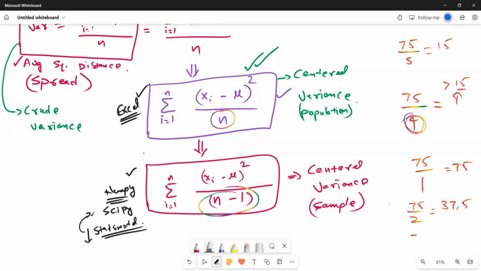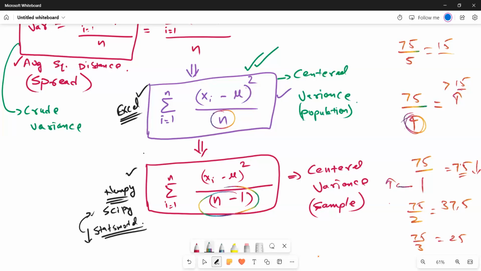If you divide it by 3, this is going to be 25. So as the denominator is increasing, this particular value is decreasing. In a similar way, if you divide it by 4, you'll get a value greater than 15, because while dividing by 5, you're getting the value as 15.